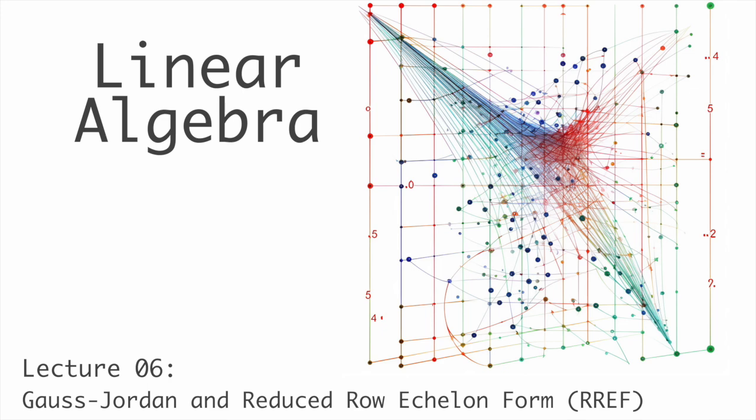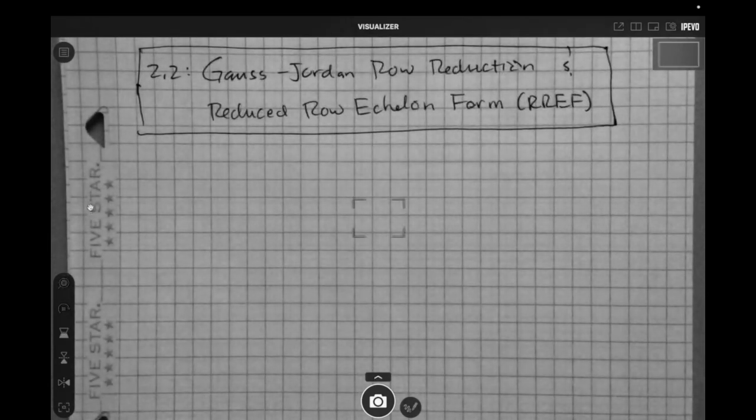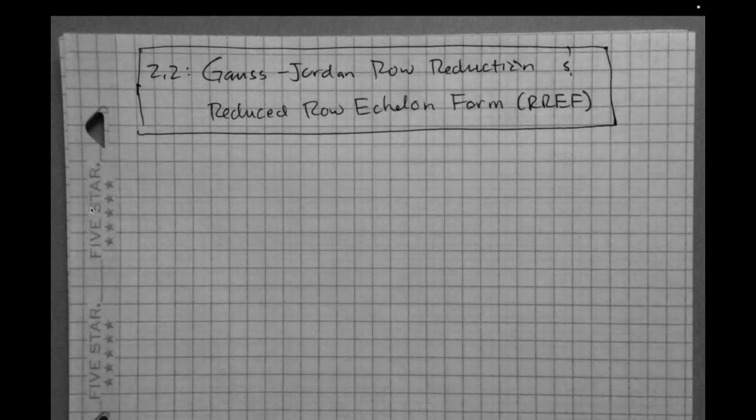So let's jump into it. We'll call this section 2.2, Gauss-Jordan row reduction and reduced row echelon form, frequently abbreviated RREF.